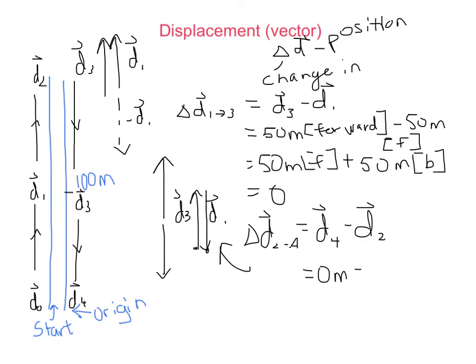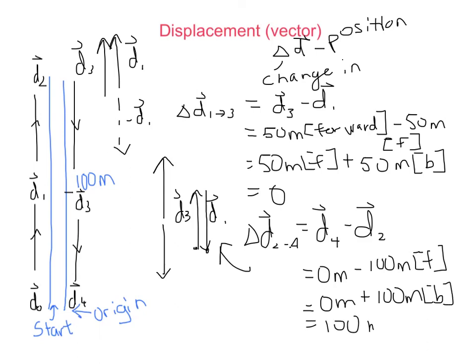D2 is 100 meters forward, and this is the same as adding the reverse, so plus 100 meters backwards, and what we get is 100 meters backwards as our answer, which should make sense to us because we're looking for the change going from D2 to D4, and that was going back towards the start, which is the opposite of forwards.